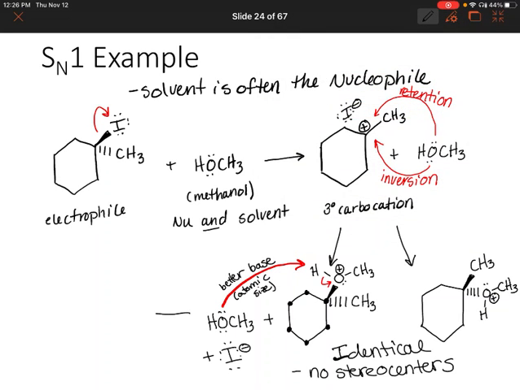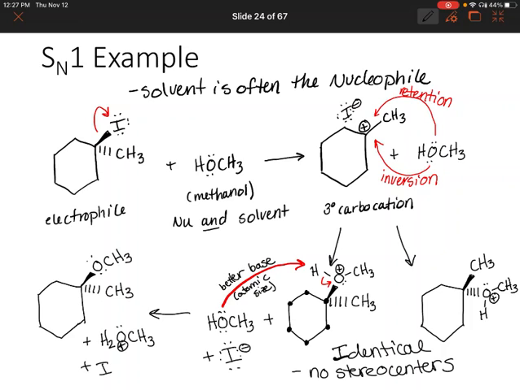Okay, so now we have our final products. And I'm just going to draw one of the products because, again, they're identical. And then we also now have a solvent molecule with two hydrogens bonded to oxygen. So, this will actually be positively charged. And then we have the iodide ion. Okay, so let's just summarize what happened here.